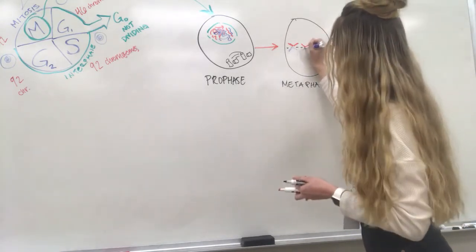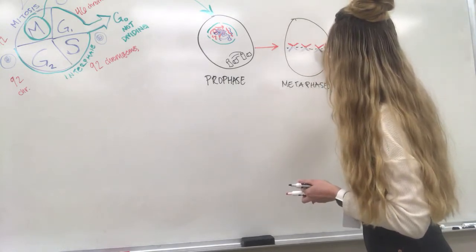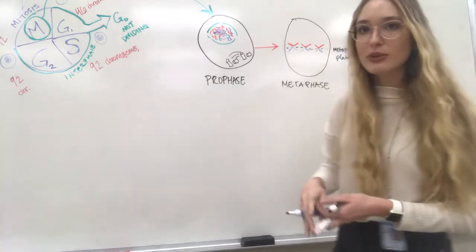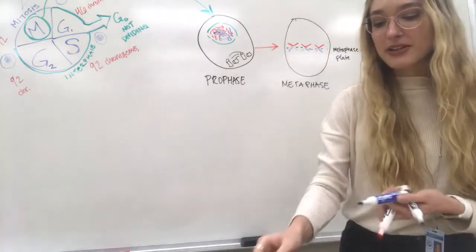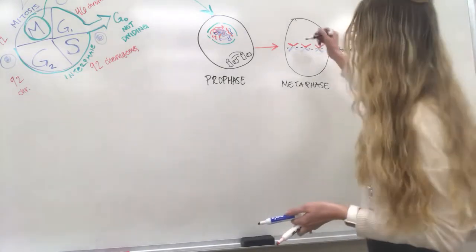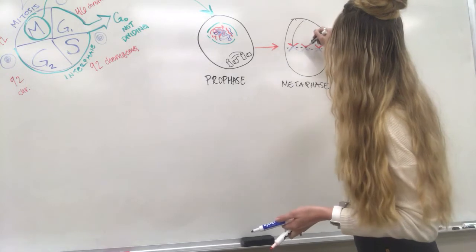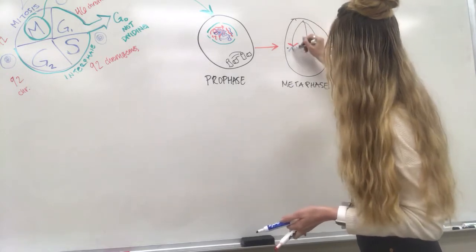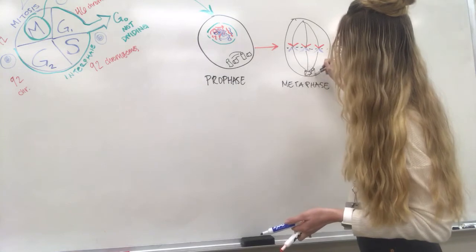Here's its identical other side. My blue isn't working so well. The spindle fibers are attached at the centromeres, which are the centers of each one of the chromosomes, and they're extending from those centrioles.